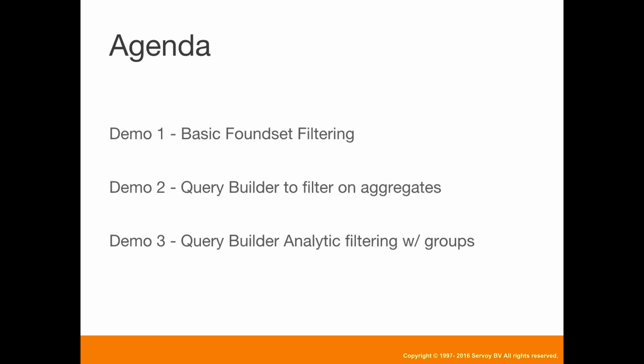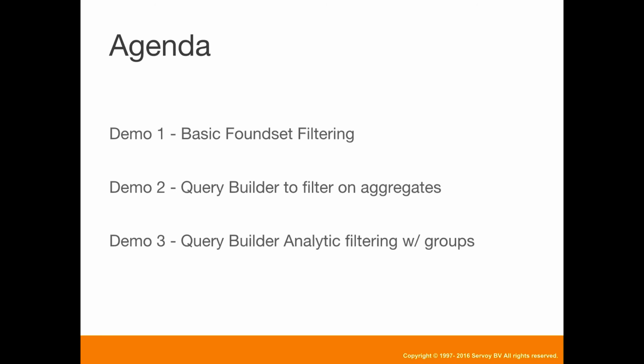So the topic for today is how to filter data, and we have a few examples. Basically, we're going to do 3 demos. One is basic found set filtering. If you're new to Servoy, this is a good place to start learning about how to filter data. And then we'll move on to a couple more advanced topics.